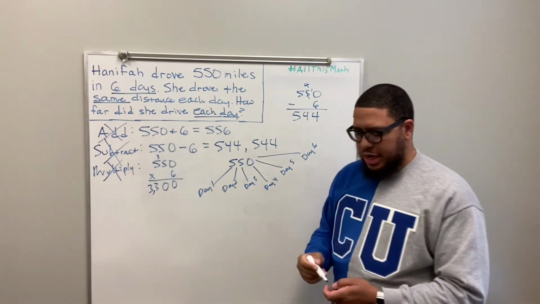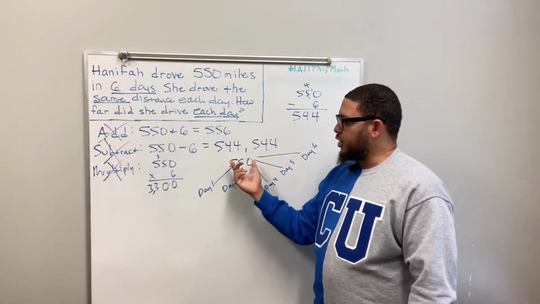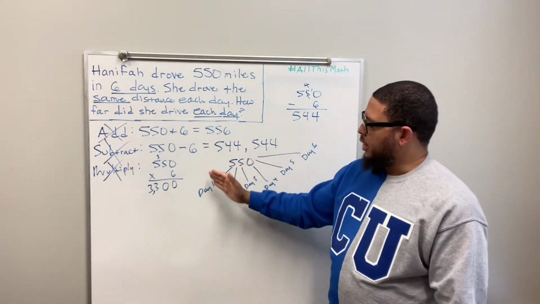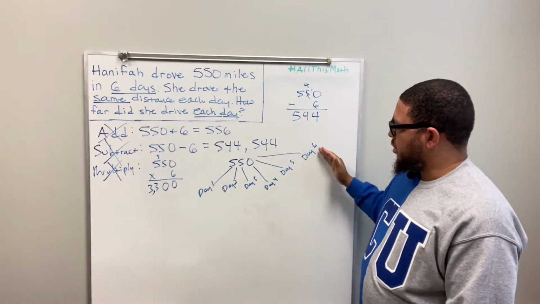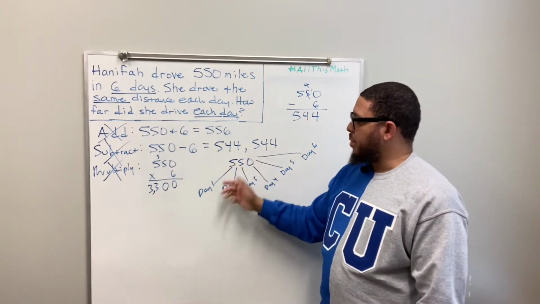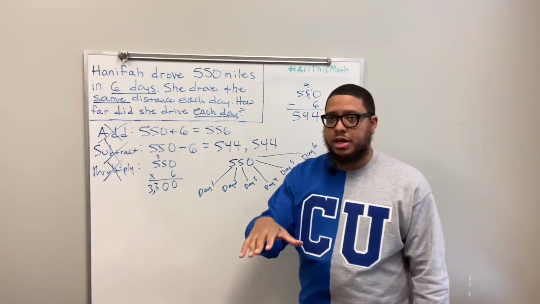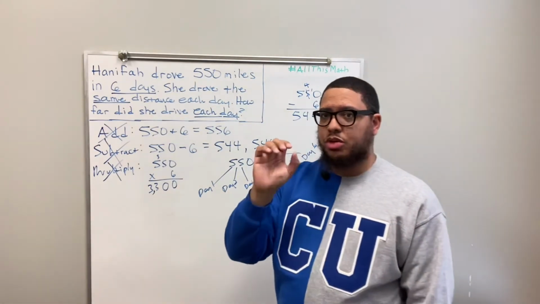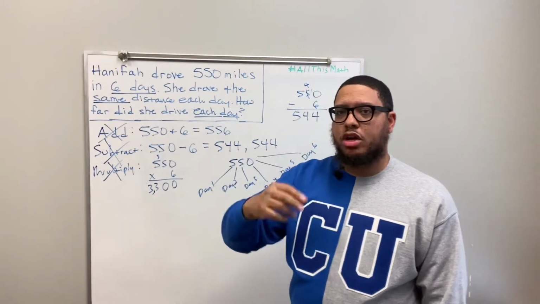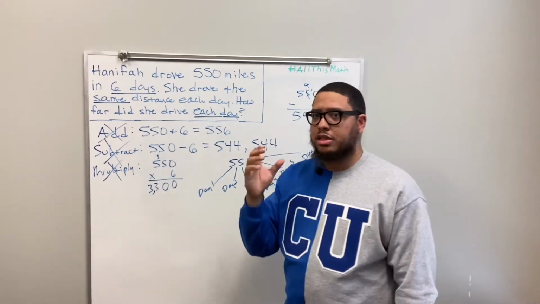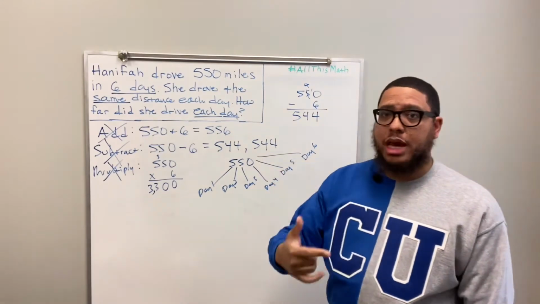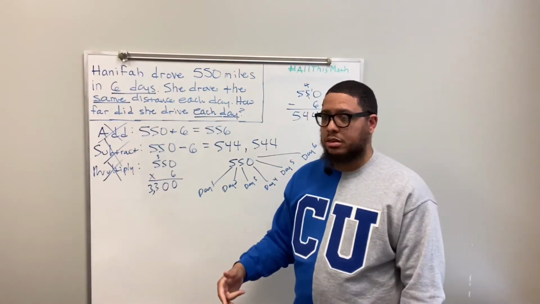So basically what you're saying is it's kind of like you're taking this 550 miles and you're sharing it with each of these 6 days. You're sharing this 550 miles with each of these 6 days, right? And you're sharing it evenly, right? See, when we divide, we use division in mathematics, it's all about equality, right? We divide things up equally, all right? Because math is about equality and about balance, okay?